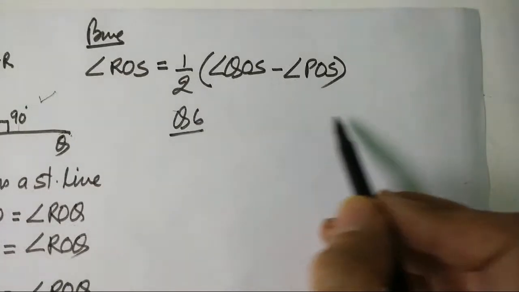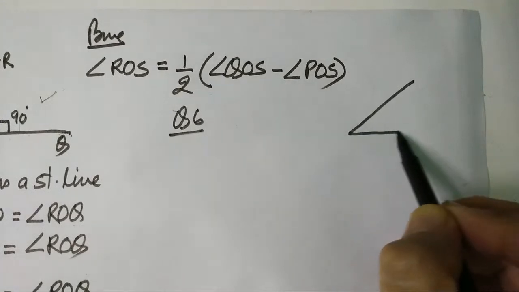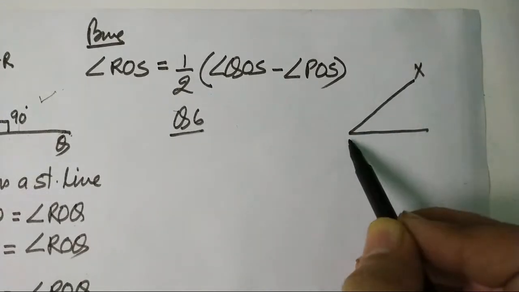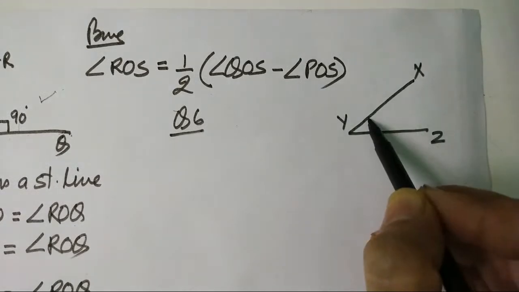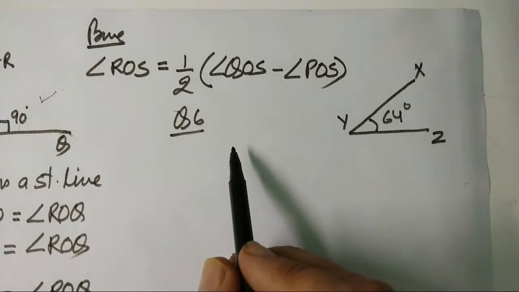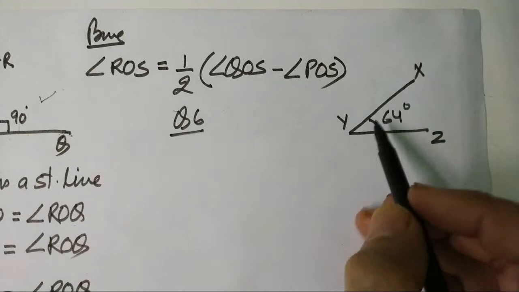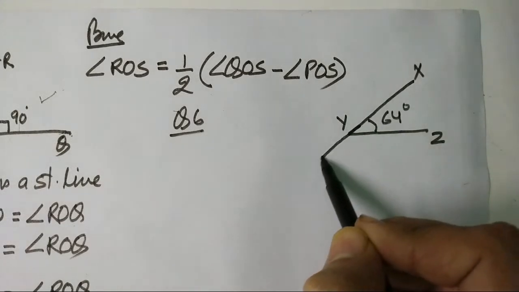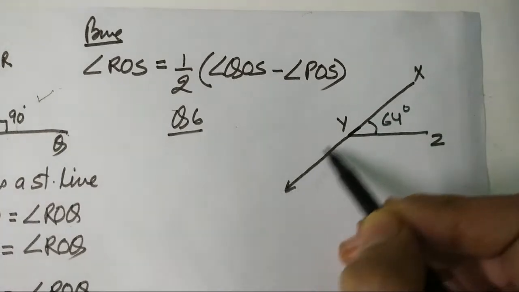So just follow the figure. Then the question says XY is produced. First you make an angle, then produce this line, make it long using a scale. So this becomes a straight line.